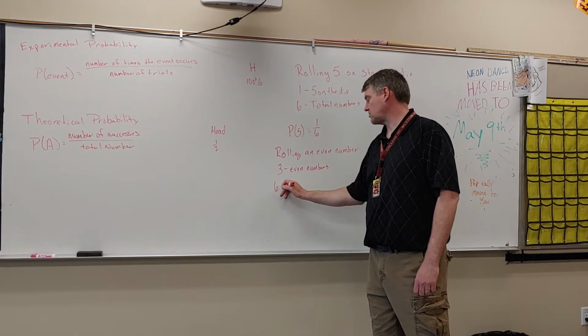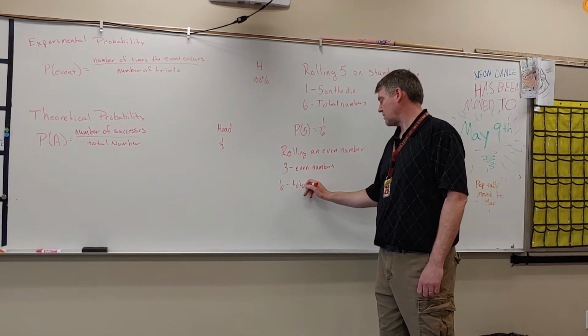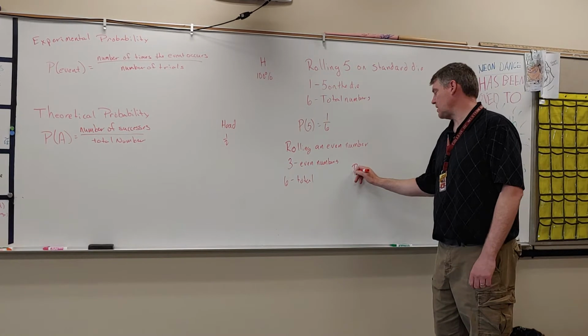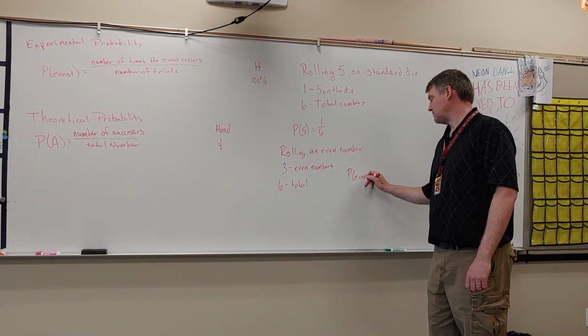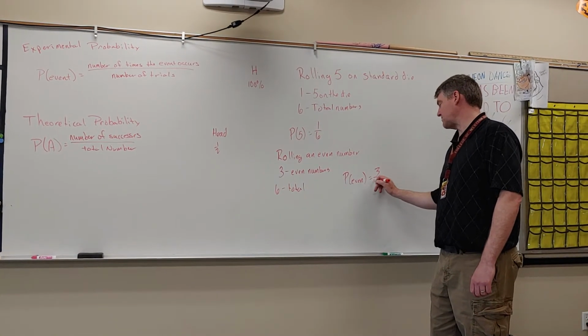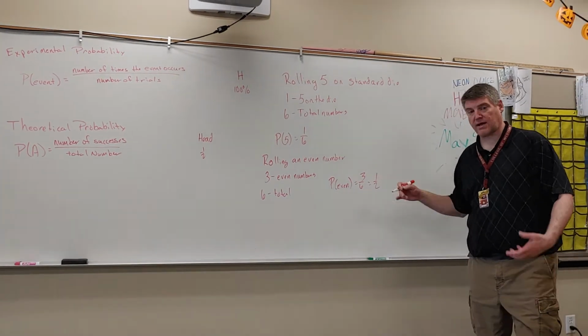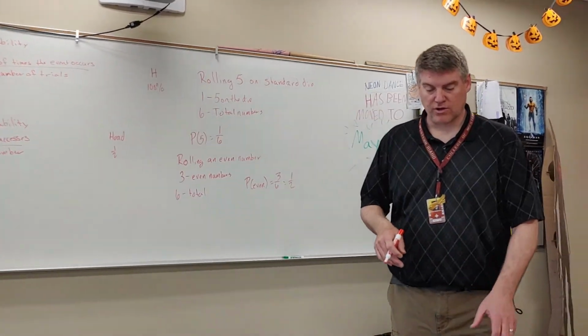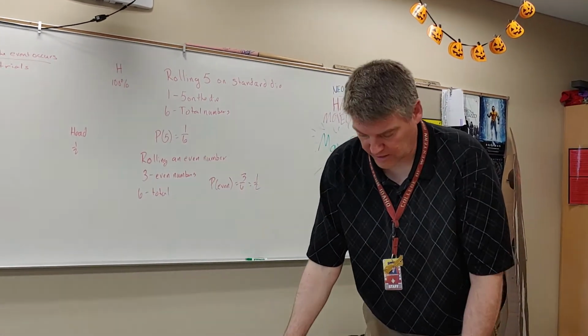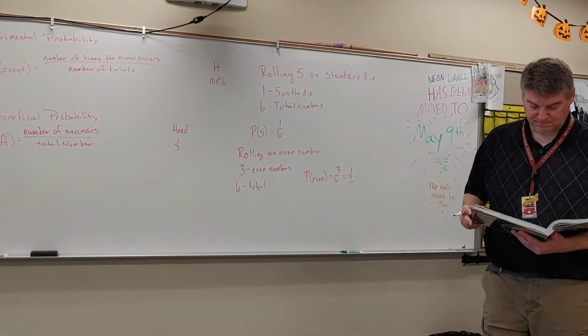Okay. There's 6 total numbers, again. And so our probability of an even number is 3 out of 6, or 1/2. So 1/2 of the time, you're going to be rolling an even number.